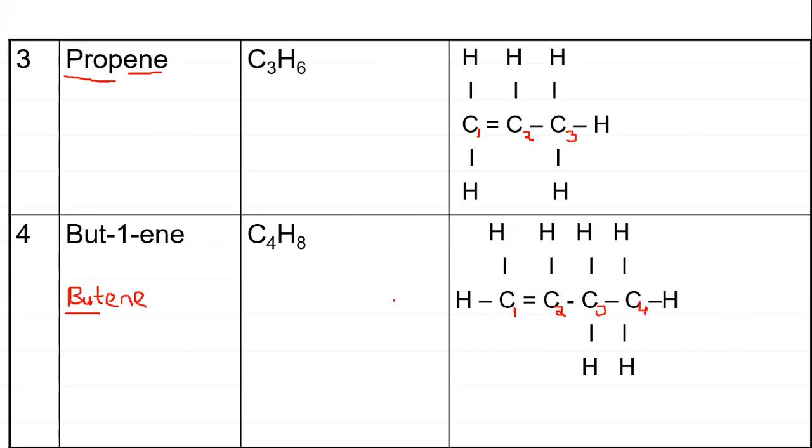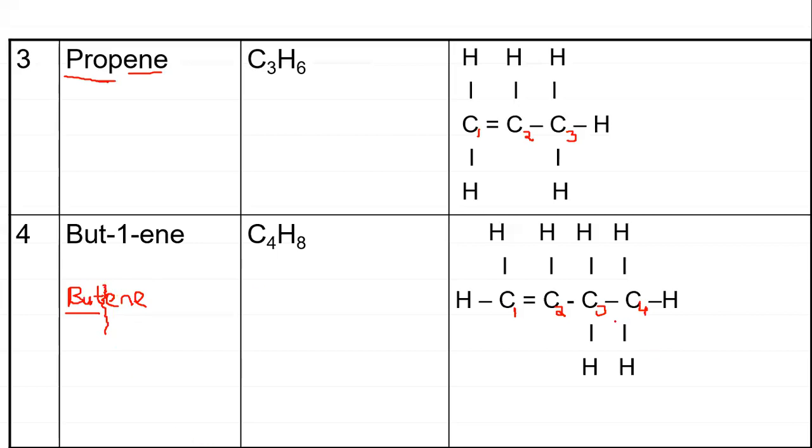So if it is on carbon 1, and I just leave the name like this, then it's not going to help me. I need to indicate the position. Hence, all you do is break the molecule there and say, this is what the molecule begins with, and this is what the molecule ends with. In between, I'm going to put the position of the functional group.